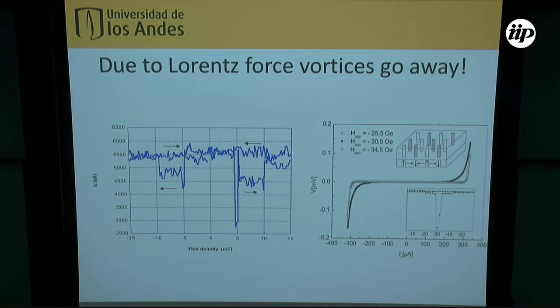We see that when you increase the magnetic field and saturate the ferromagnet underneath, then essentially you make vortices go away. The vortices that penetrate are gone here. This is normal because you have a current across the sample, therefore a strong Lorentz force.